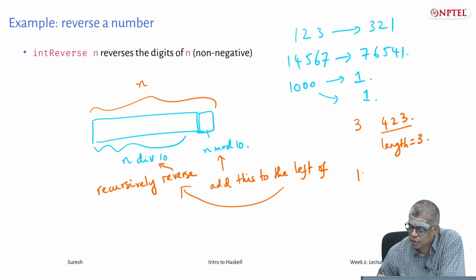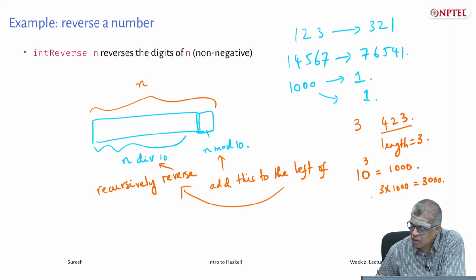What I should do is multiply 10 by the power 3, which becomes 1000, and I multiply 3 by 1000, that is 3000, and then I add this with 423, that will become 3423.